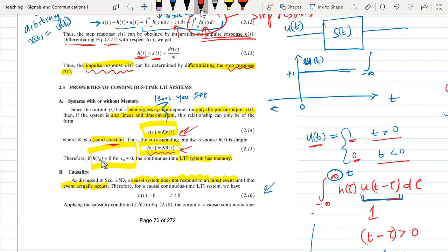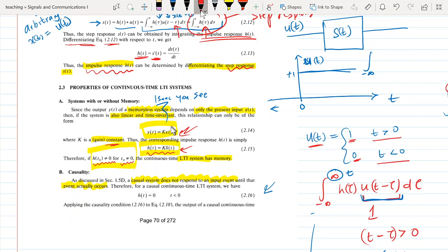And therefore, h of t, if h of t naught is not equal to 0, where t naught is not equal to 0, the system is said to have memory.